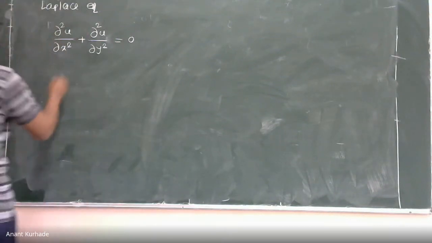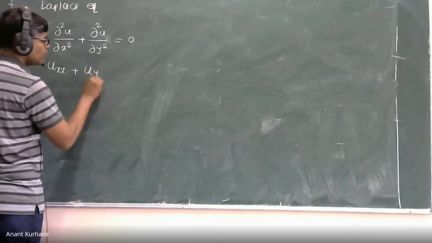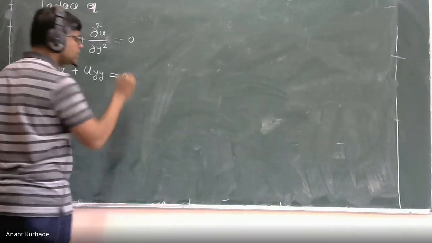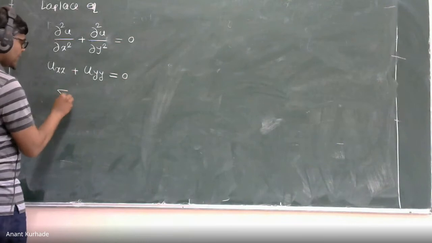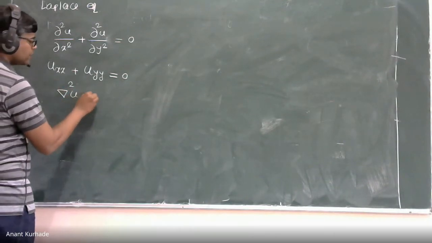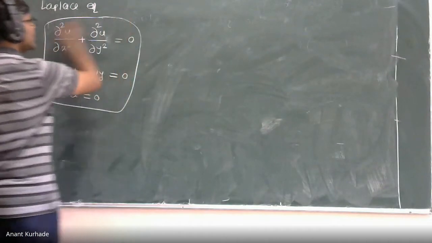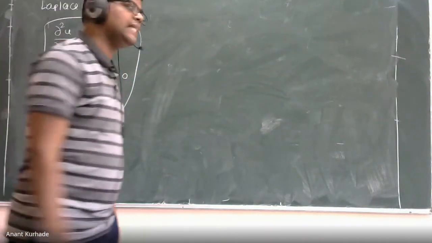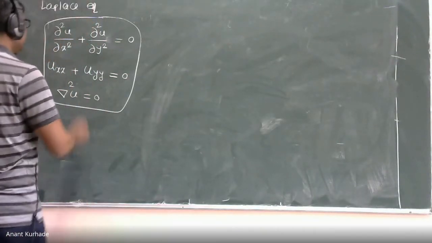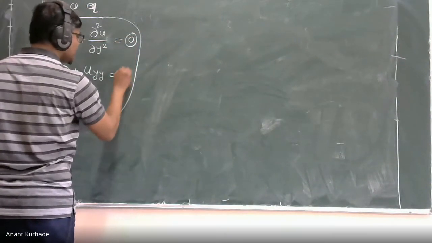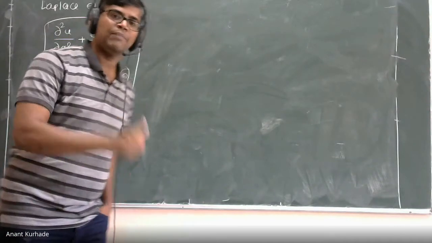In other words, uxx plus uyy is equal to 0, and again it is represented as del square u is equal to 0. If you find any of these in your problem statement, then you can easily understand this is Laplace equation, or in other words, if you find equal to 0, you can say it is Laplace equation.